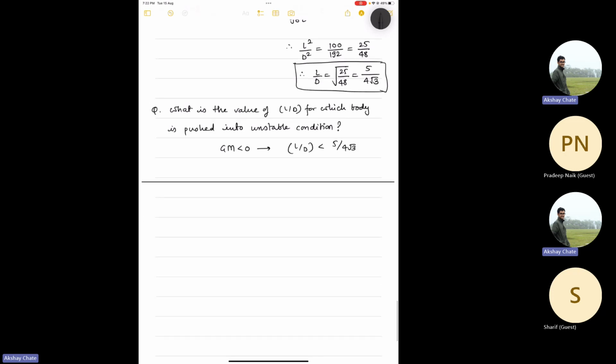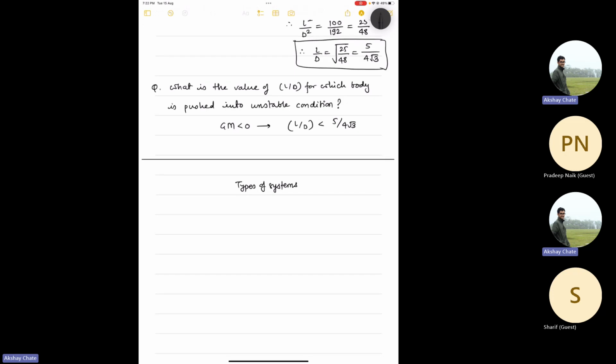So there is something called types of systems. In thermodynamics, you might have studied system and surrounding. Whatever matter is under your observation is called your system, and whatever is the remaining part of the universe is called the surrounding.